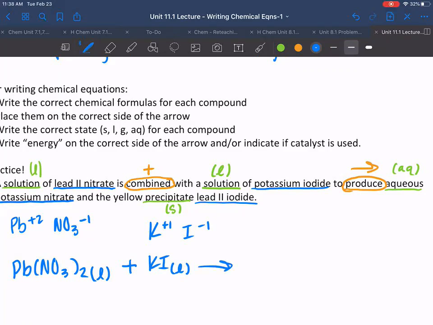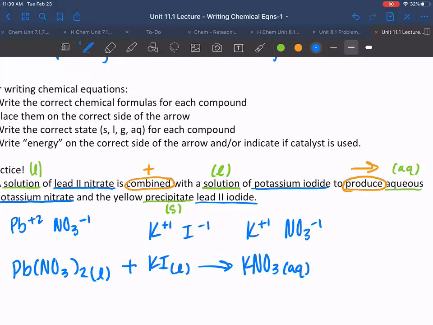Because now we're producing aqueous potassium nitrate. So now we're looking at a potassium ion and a nitrate ion. How do those combine? Exactly, just need one of each. Their charges are equal. So how we'll write it is KNO3, and then we have to tell that it's aqueous.